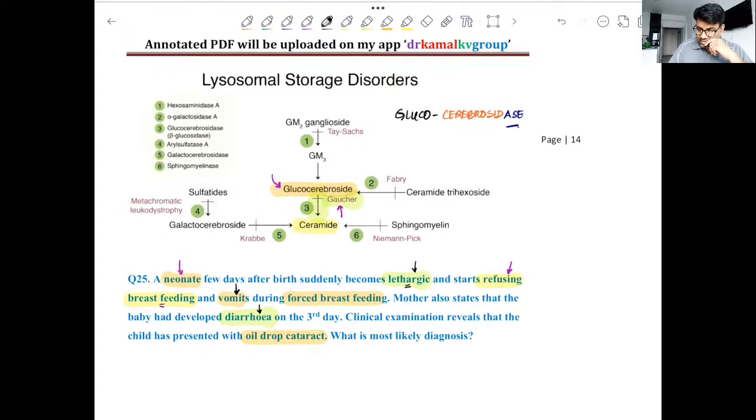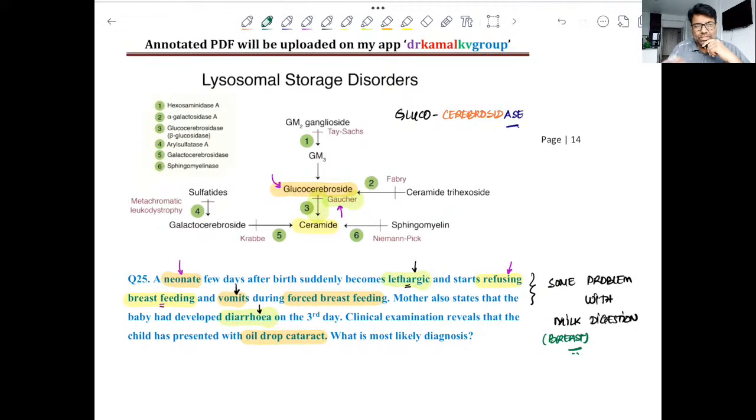So this all suggests that there is some problem with milk digestion. Milk means breast milk. So the child is not able to tolerate the breast milk.